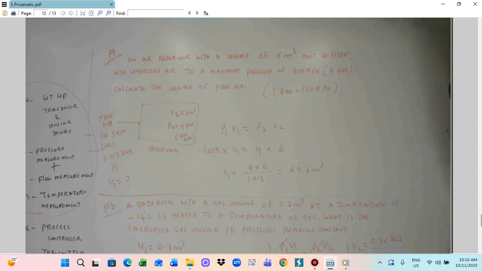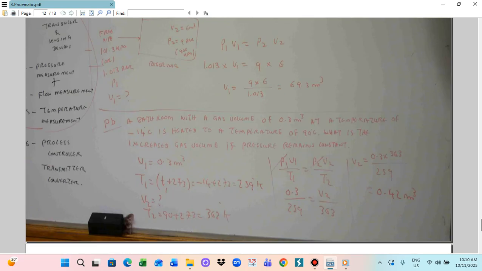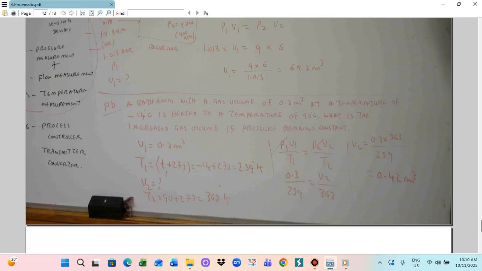In the reservoir, the pressure is 9 bar and V2 is 6 meter cube. Then you can calculate V1: 9 multiplied by 6 divided by 1.013. Then you can calculate the volume of the air requirement. So we get 69.3 meter cube of air that needs to be utilized to fill the reservoir.